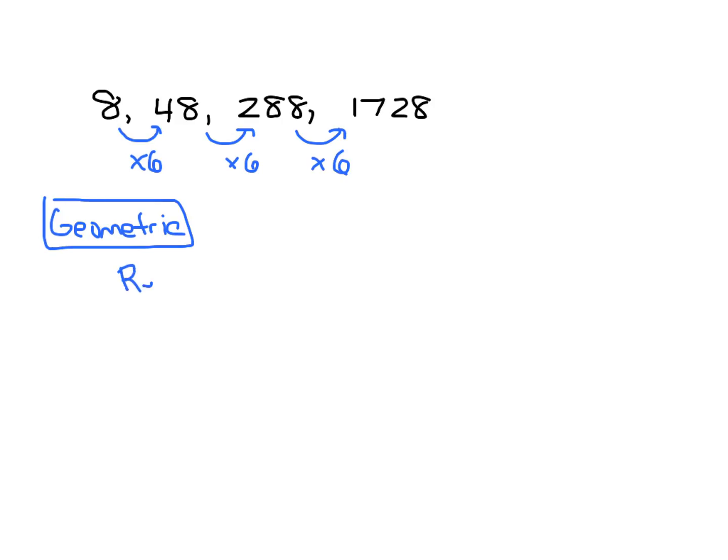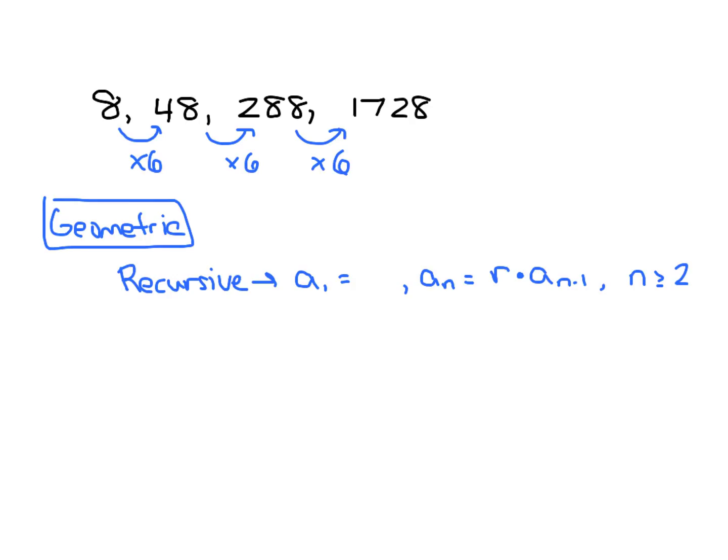To do a geometric recursive, we're going to look for the first term and say for any term, we're going to multiply that common ratio by the previous term, as long as that term number is greater than or equal to 2.